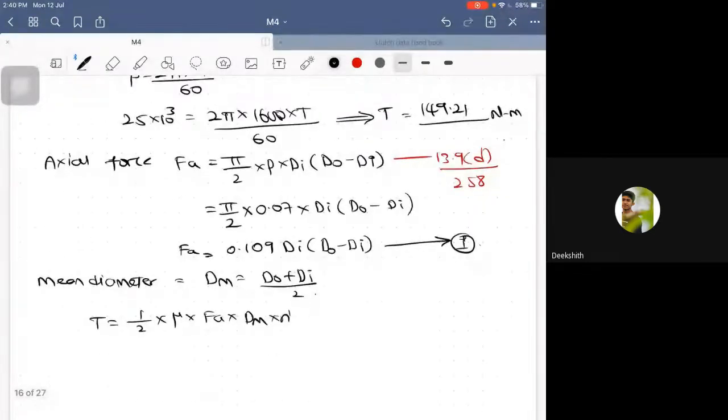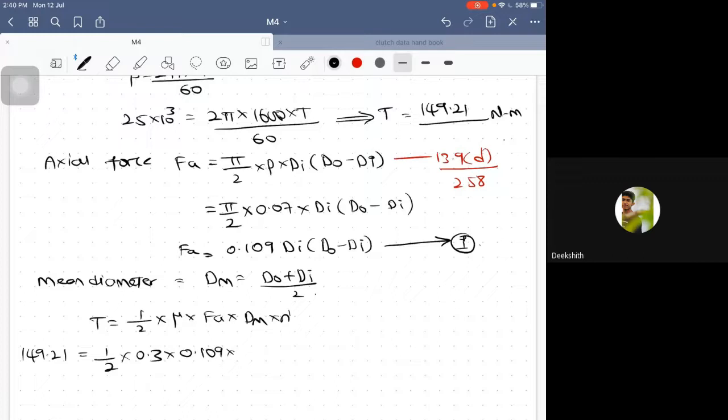Torque is 149.21, which equals half cross mu, 0.3, and Fa from equation 1, 0.109 cross di cross d naught minus di. Next, dm is d naught plus di divided by 2, and n dash is 2.